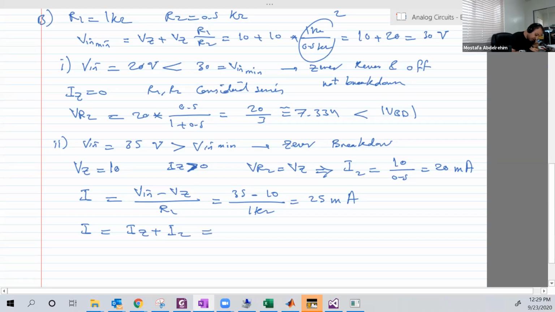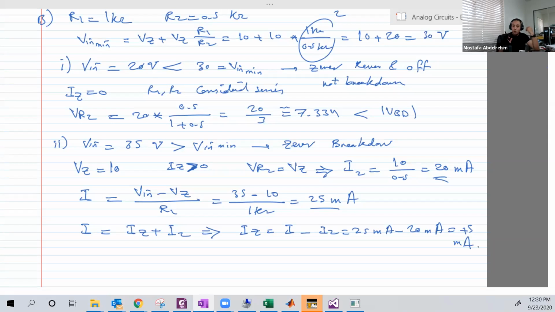So IZ equals I minus I2. I is 25 milliamps. I2 is 20 milliamps. That's positive 5 milliamps. That's correct, because we assumed the zener current flowing from N to B, so it should be positive in breakdown.